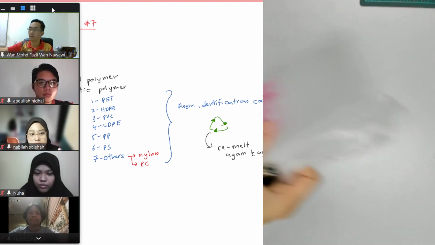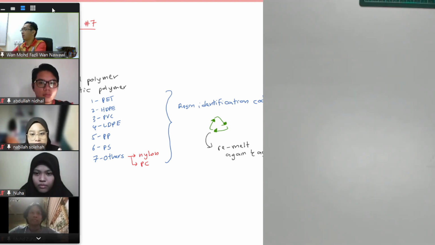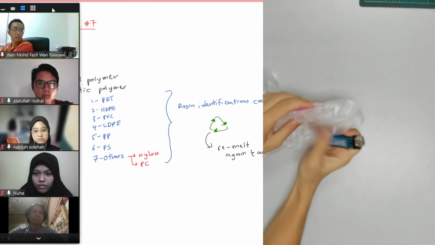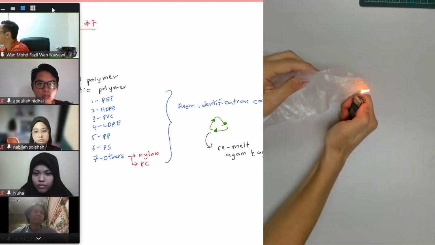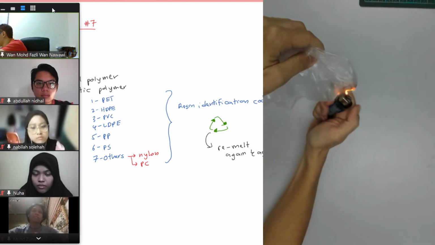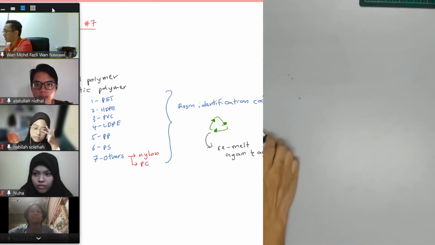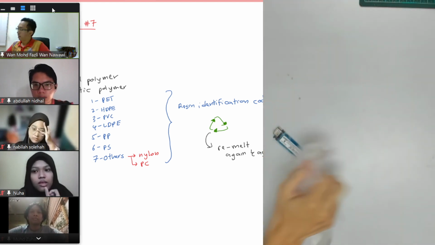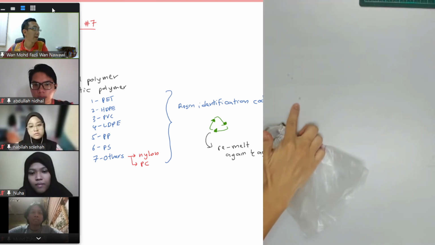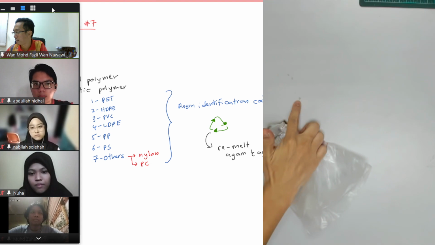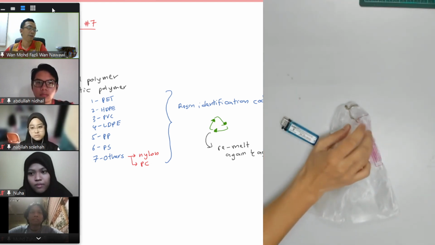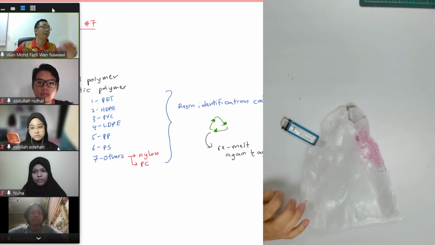When I say melt, it doesn't mean I have this thing and I put it, and it will sort of like, for example, melt the plastic until it is blackish. That is not really what we call melting.